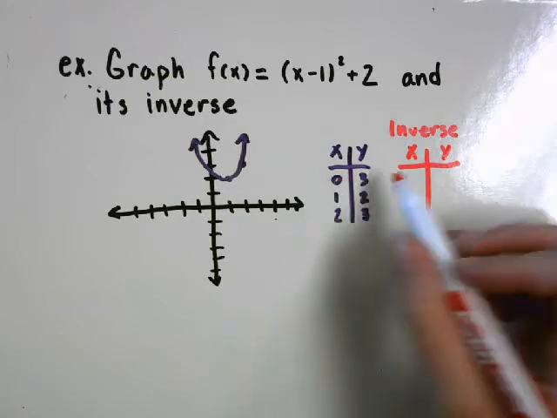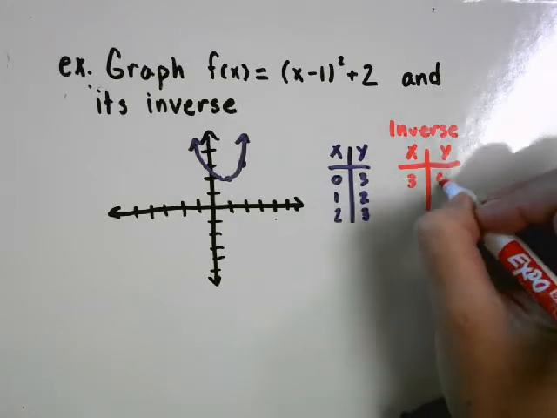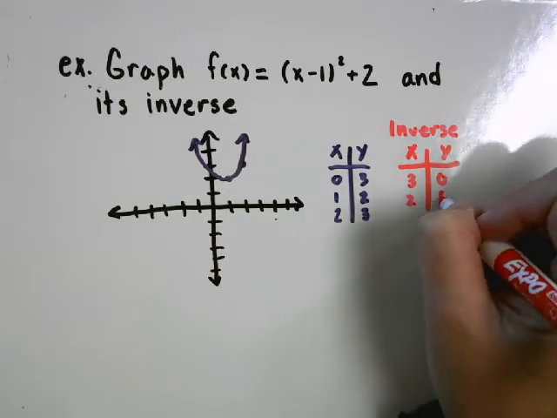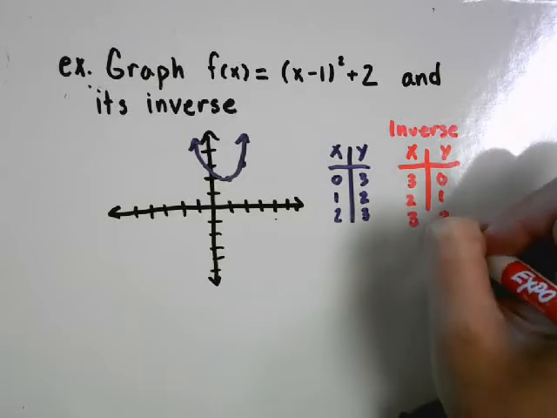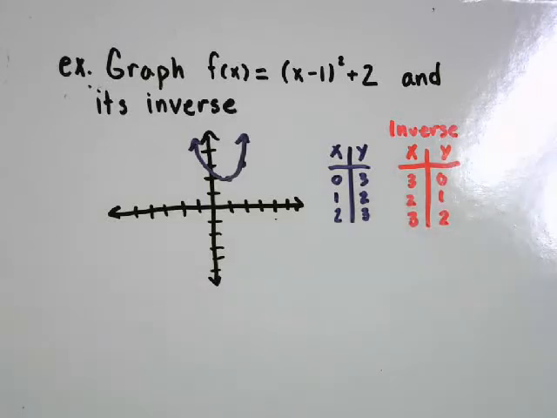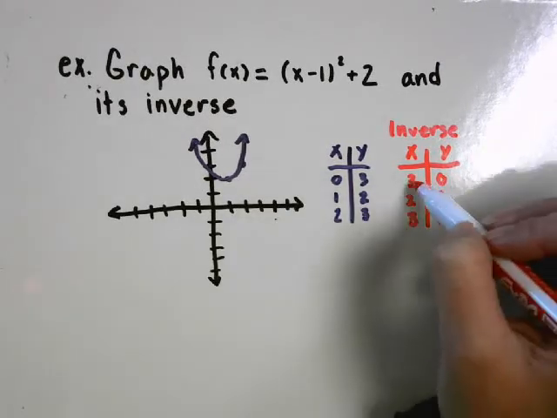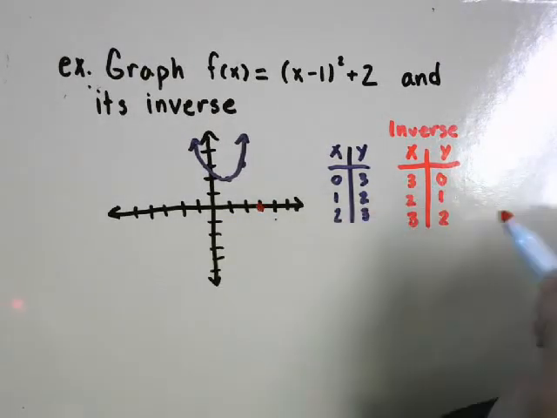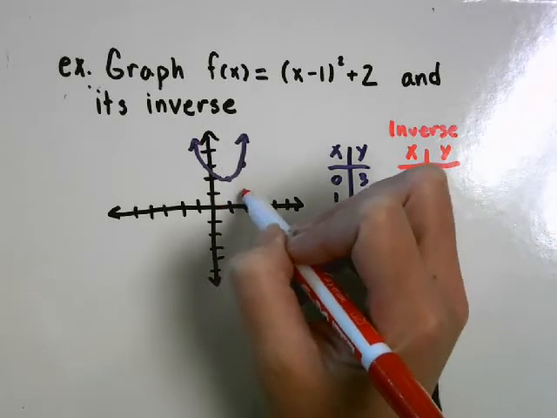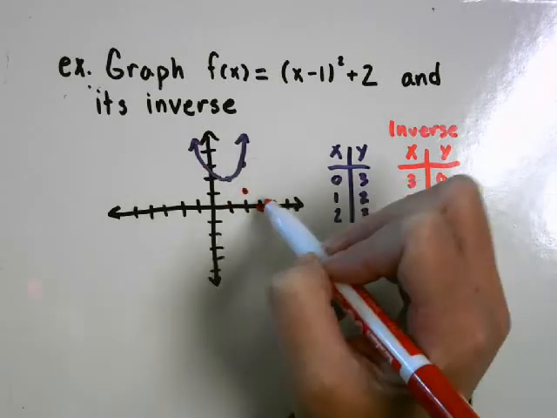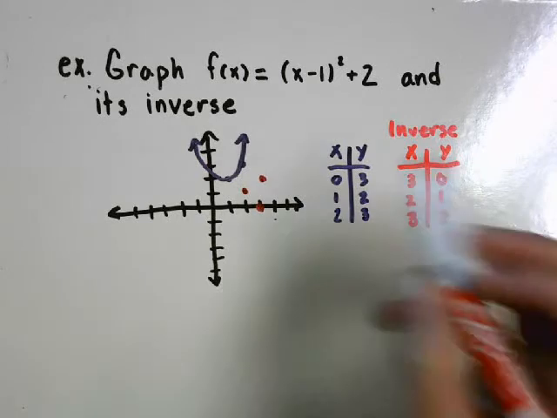I'm just going to take these numbers and swap them. So 3, 0, 2, 1, and 3, 2. So we'll graph these new points for the inverse: the point 3, 0, the point 2, 1, and the point 3, 2.